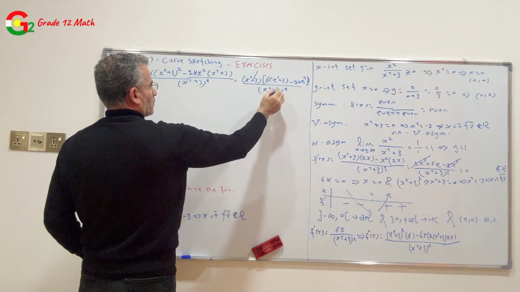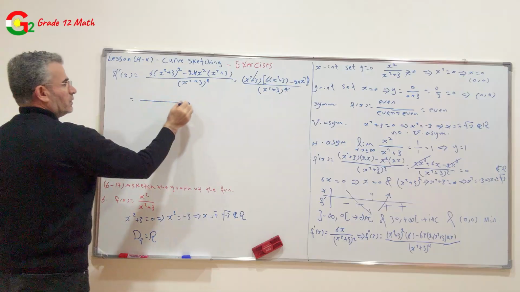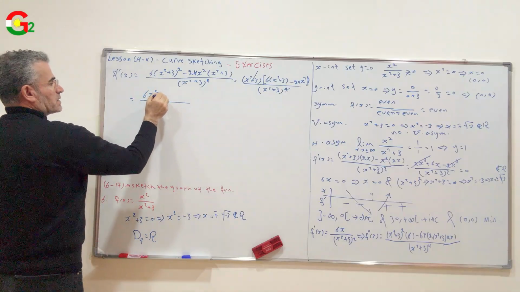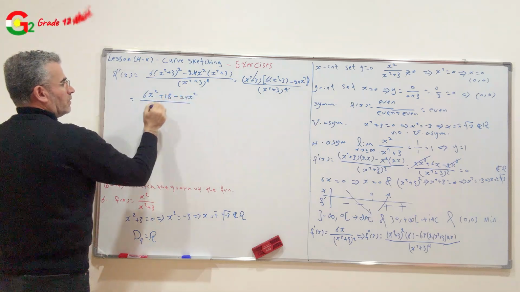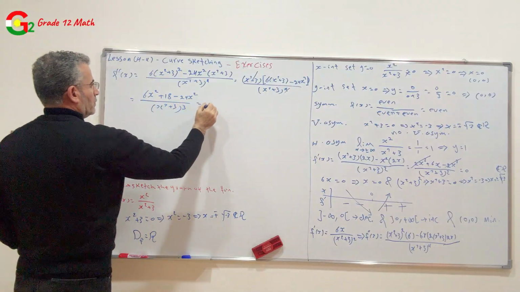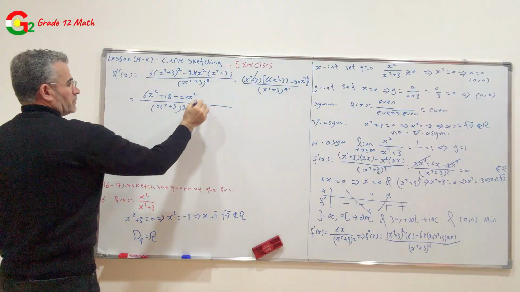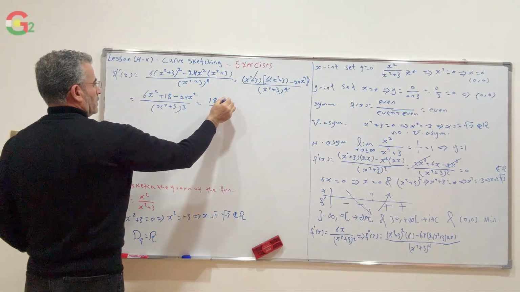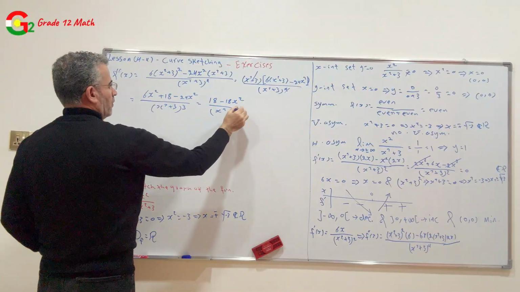Reduce x^2 + 3 with (x^2 + 3)^4, equal to 6x^2, open the bracket, plus 18 minus 24x^2 over (x^2 + 3)^3, equal to 18 minus 18x^2 over (x^2 + 3)^3.